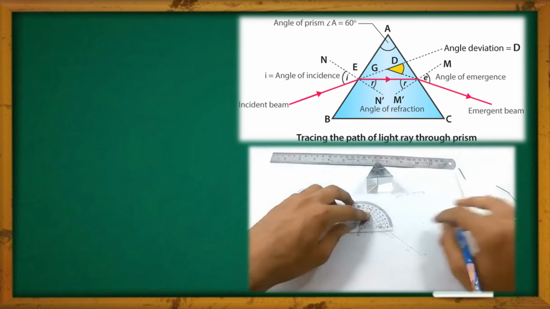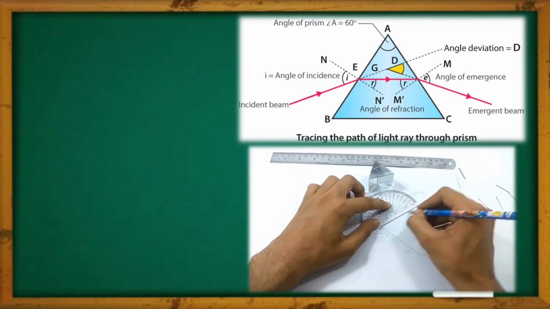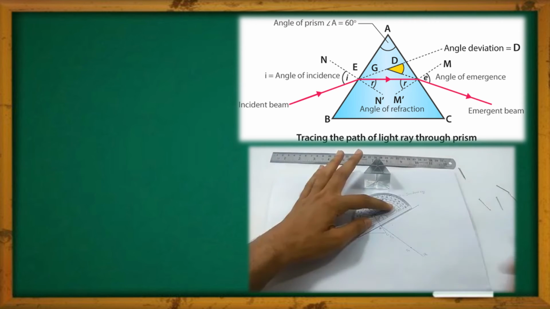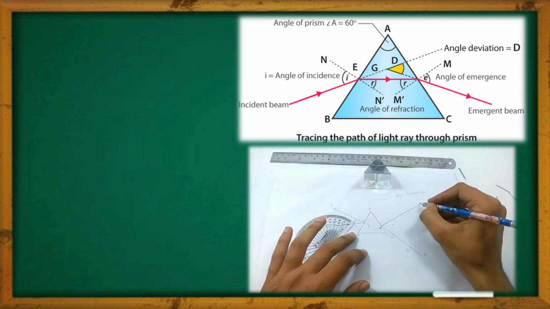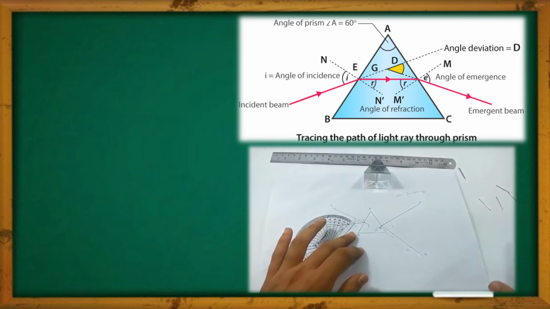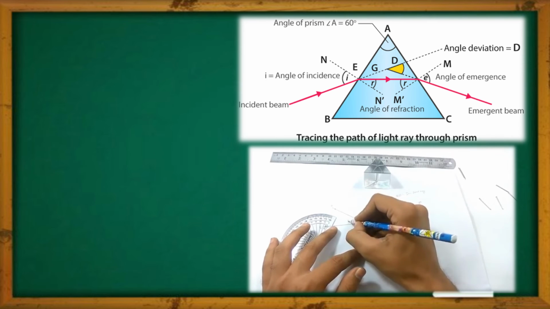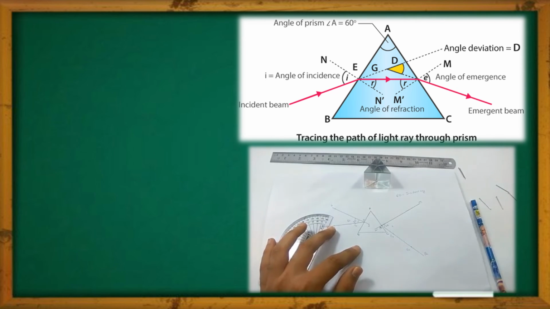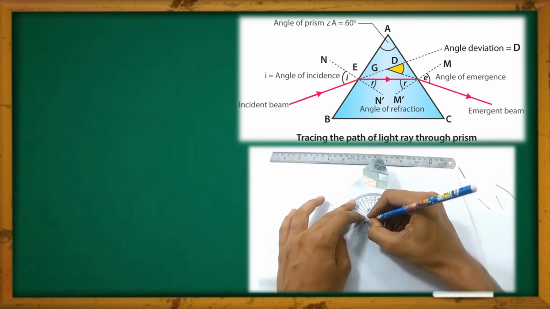The angle between this normal and this emergent beam is called the angle of emergence. You can also measure it using your protractor and the value can be found out.